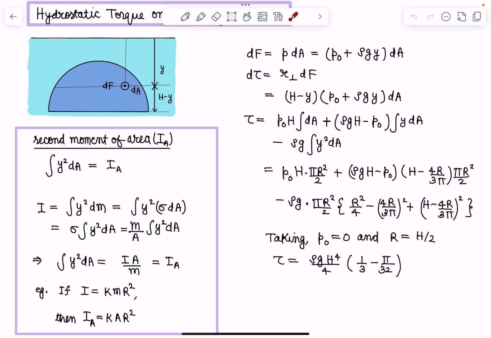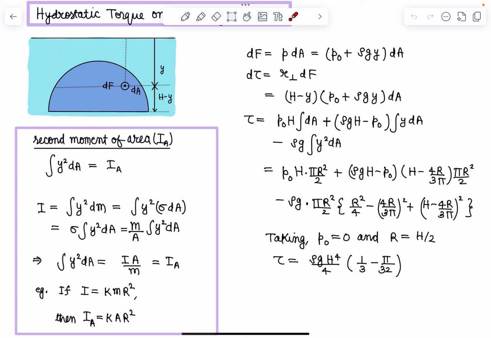Clearly, because we need to find the torque about this diametric axis, the distance of the point of application of this dF from the axis will be h minus y. Y is the depth of that element from the free surface. So that will simply be h minus y into P naught plus rho g y into dA.